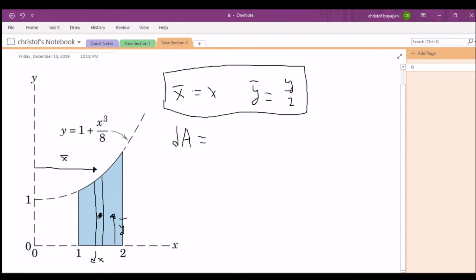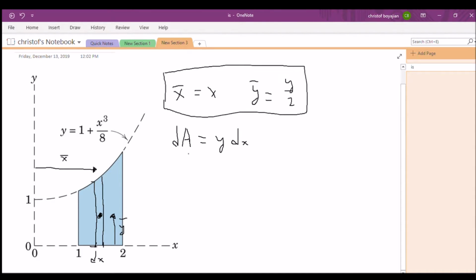Our dA is going to be the area of this cross section we created. This area is whatever our y is, this is our distance y, our height, times our thickness dx. So we have our dA.